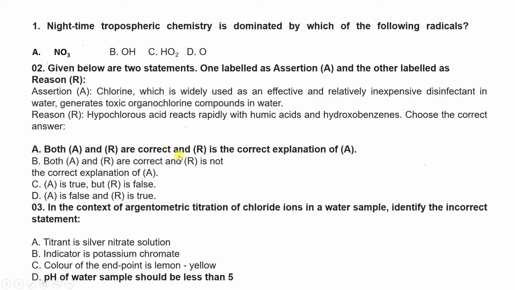As soon as you give silver nitrate in presence of potassium chromate, as long as chloride is there, you will get the color yellow. The moment chloride becomes 0, you will get lemon yellow endpoint. So the first options, A, B and C, are correct. For chloride estimation, the pH of the water sample has to be greater than 7. So option D is the wrong one.